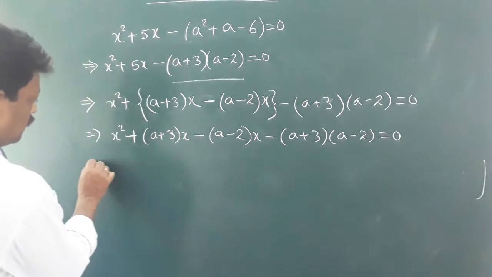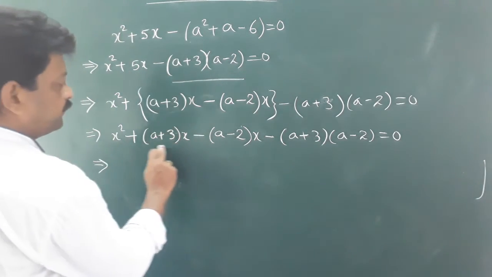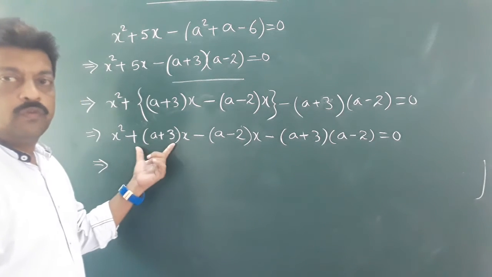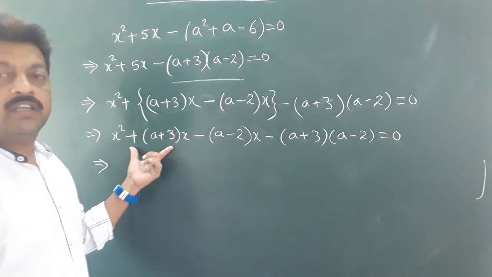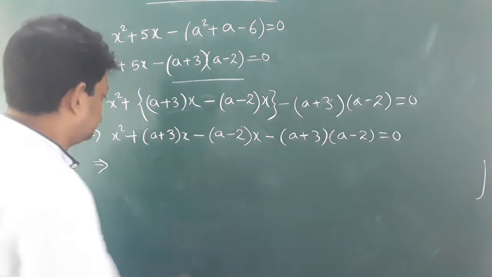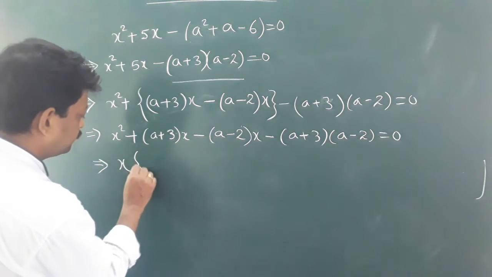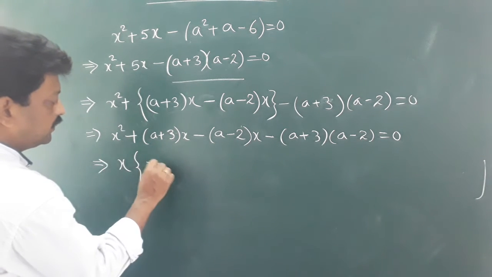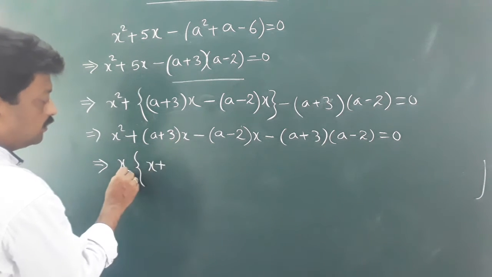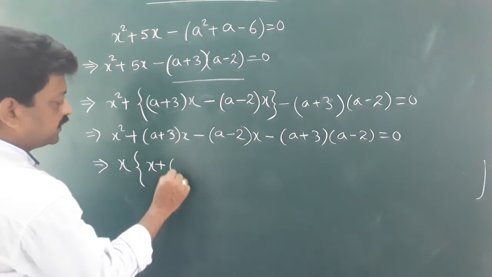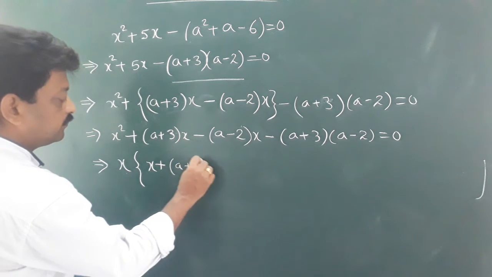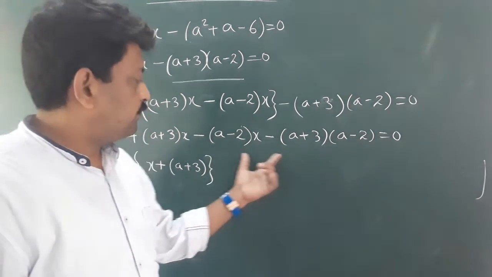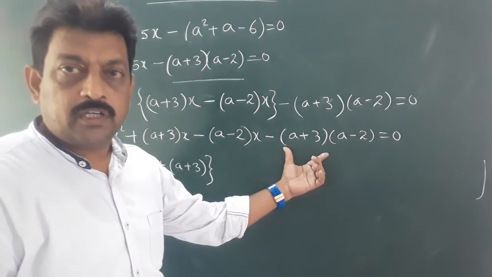Okay, now from the first two terms, what can we take common? Only x. So x here, what will be left? One more x will be left from here, and the bracket portion x plus a plus 3 will be left. Now from the third and the fourth term we have to take common.